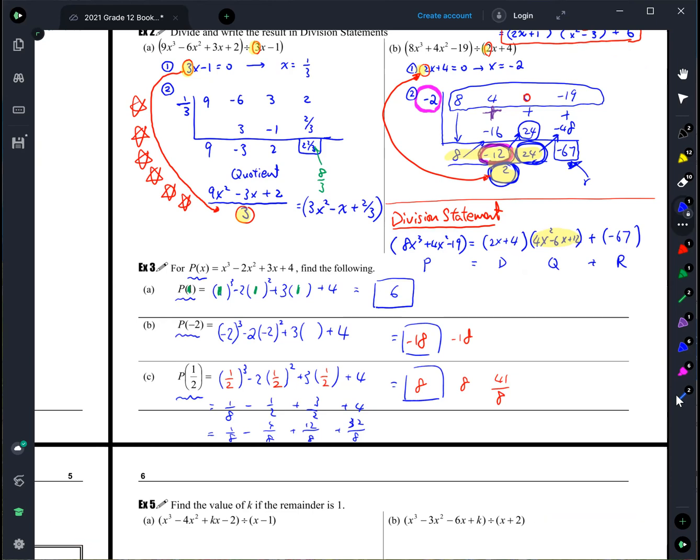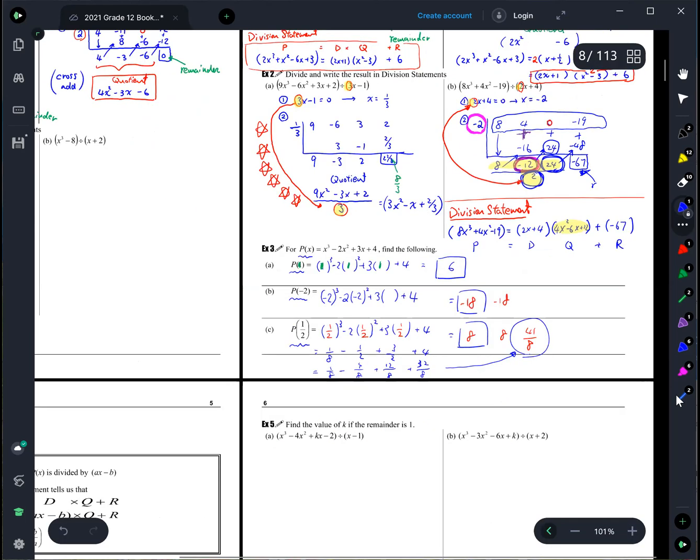Okay, so double check your answer. This one I shouldn't be teaching you in grade 12, right? So put together, you should get 41/8. All right, so you can input anything, just be careful when you submit it.